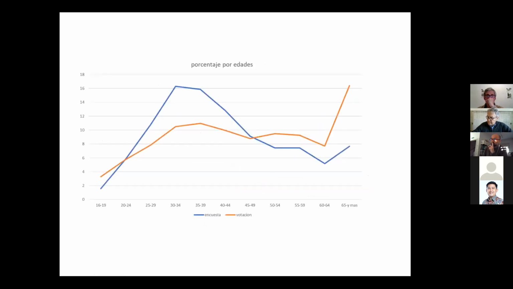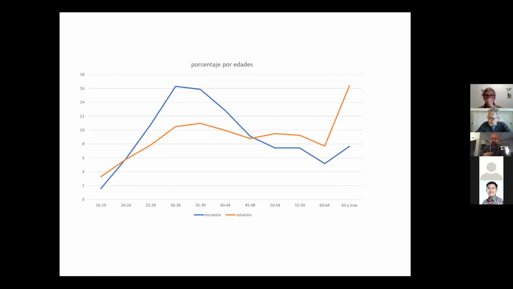And one thing we discovered is that they were telling us that the people who would vote would be very young, and at the end, the people who voted were mostly over 65. So this was very strange for us also, and they voted by mail.